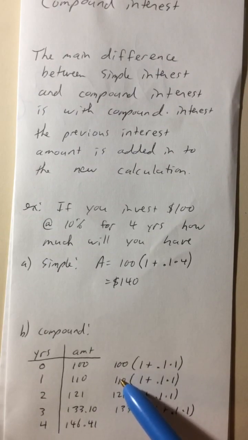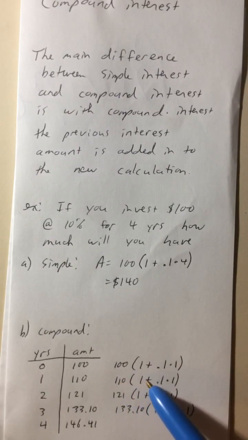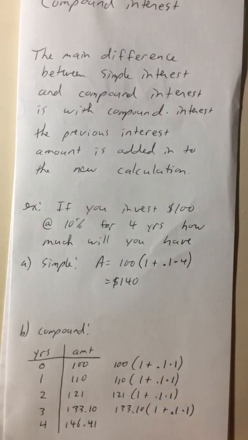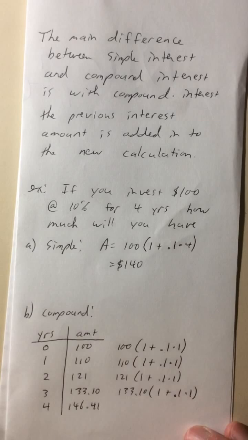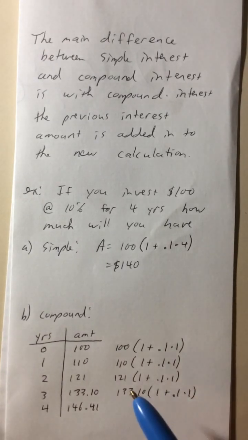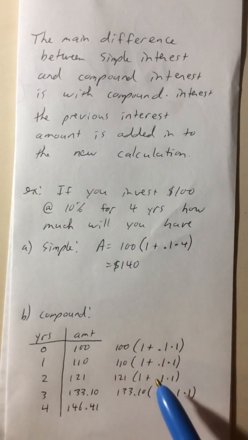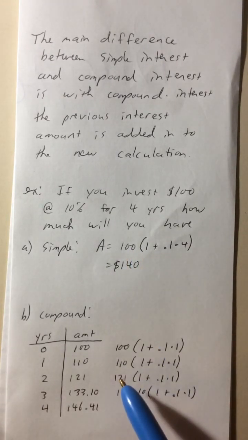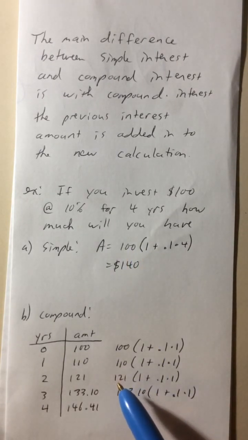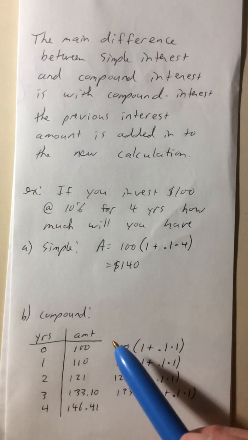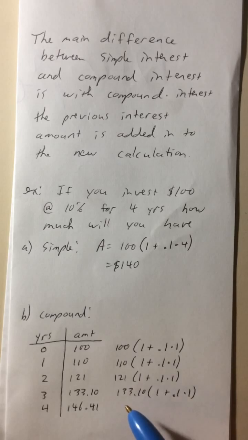Now it's $110 times 1 plus 0.1, the 10%, for 1 year. And that's going to get us to $121. So now, instead of doing 10% of $100 for the next step, we're now doing 10% of $121 for the next step. So again, you can see compound interest is always taking the previous amount of interest and including that with our interest calculation for the next step.